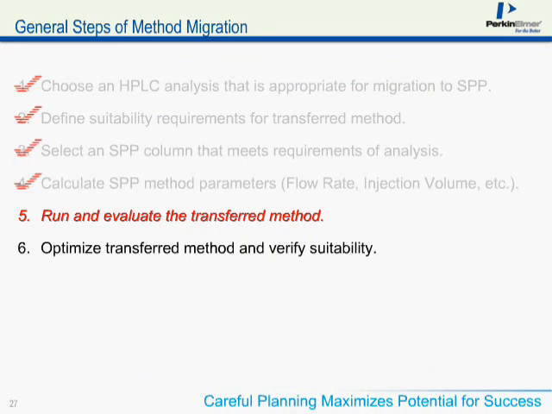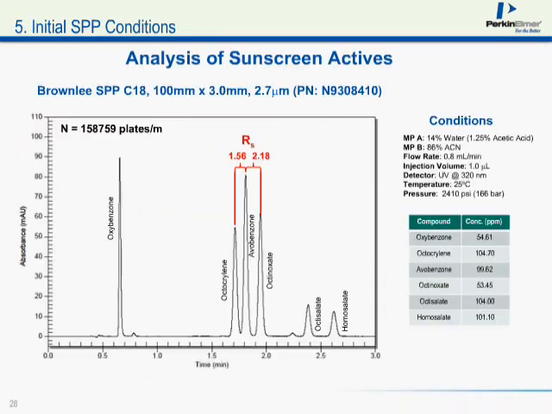Finally, once we have all our parameters set, we would run and evaluate the transferred method. This is the new method. If you remember, previously we were running this in about 14 minutes. We still maintain that resolution of 1.5 or better between the octocrylene, avobenzone, and octinoxate.